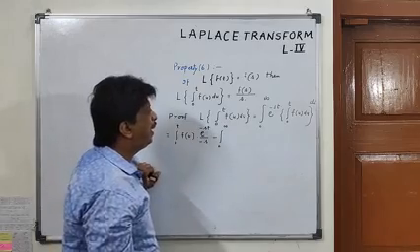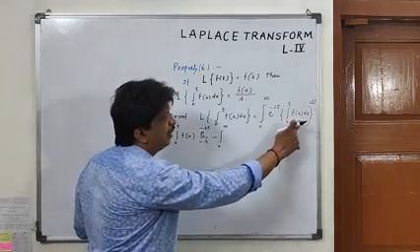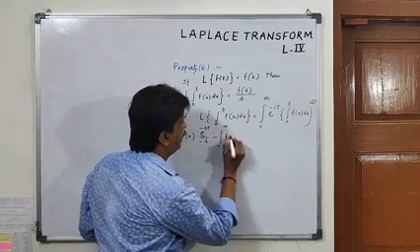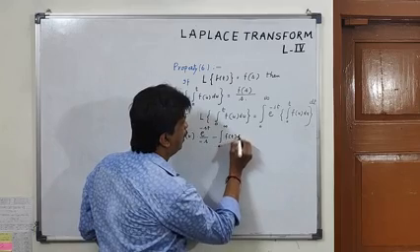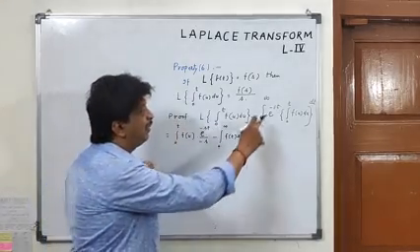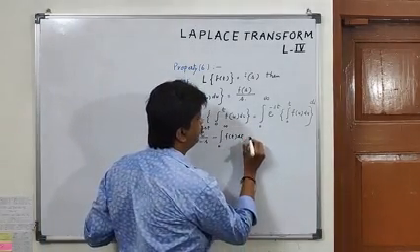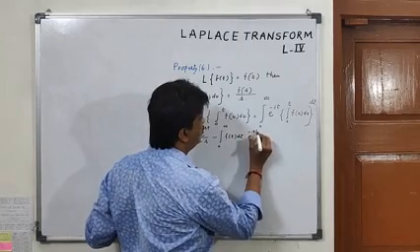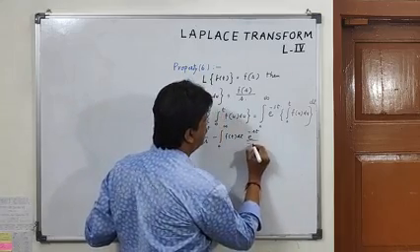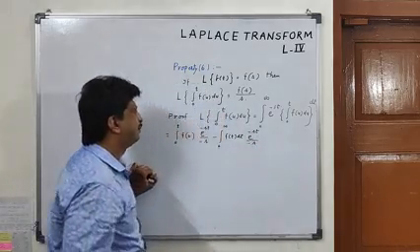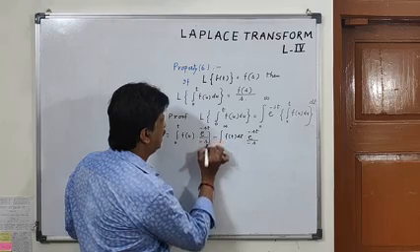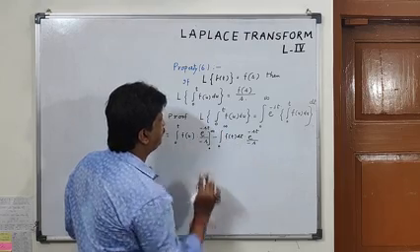What would be integral of derivative of first? f of t dt into integral of this, e raised to power minus st upon minus s. Well, limits are 0 to infinity.